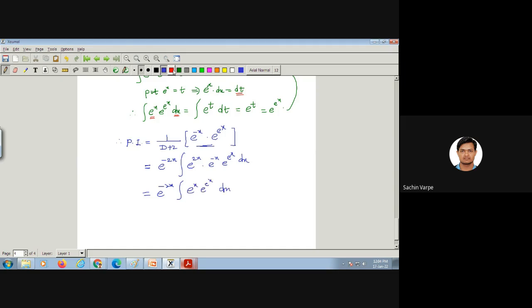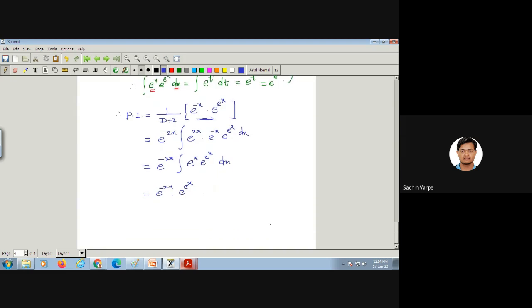And this integration we have already calculated, so we substitute directly the value of this integration, that is e raised to minus 2x into e raised to x only. So here you can see the capital D is completely eliminated from PI, and that is your required particular integral.